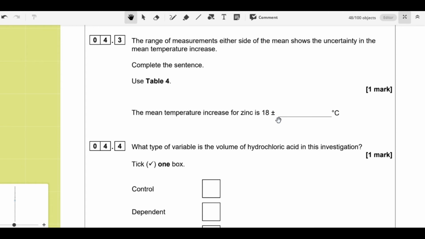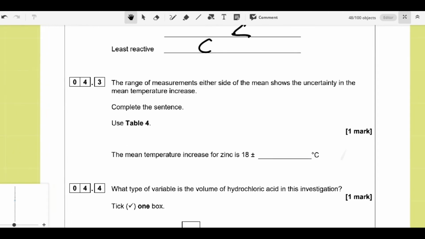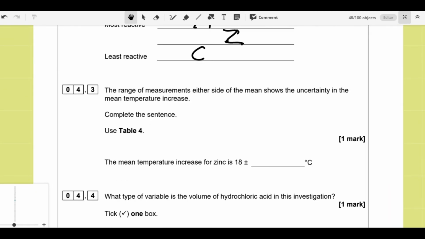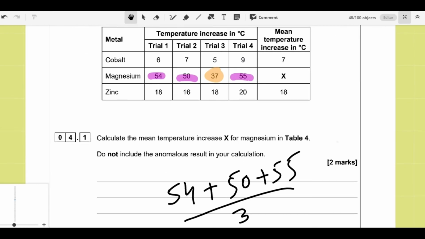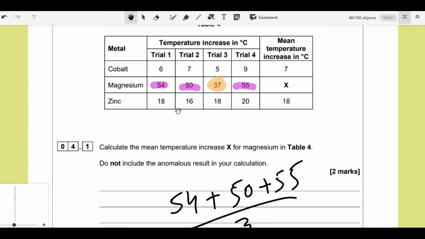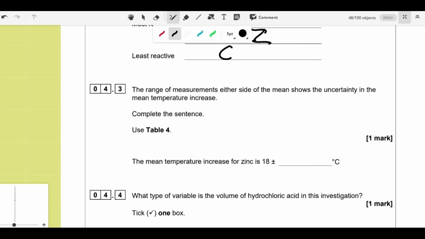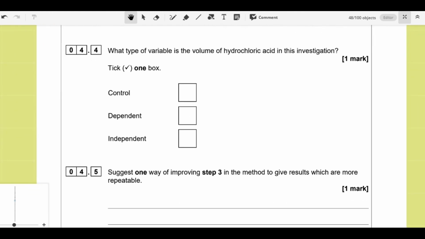So here you need to write, you can see from the table for the zinc 18, 16, 16, 18, 18, 20, it means the difference is like 2, so plus minus 2 degrees Celsius. Which type of variable is the volume of the hydrochloric acid in the investigation? So that is a controlled variable.